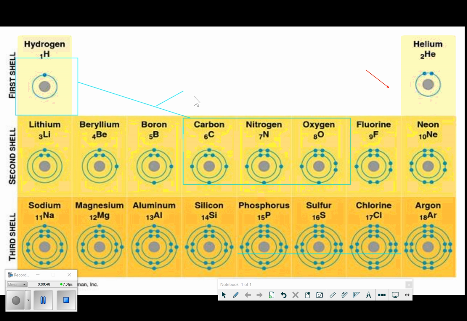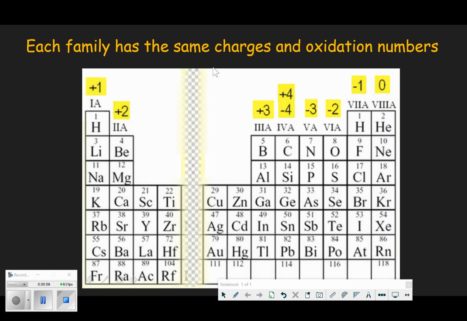Okay, so here is another picture of the periodic table with the valence shells and the valence electrons. Right. So each family has the same charges and oxidation numbers. So let's go back.